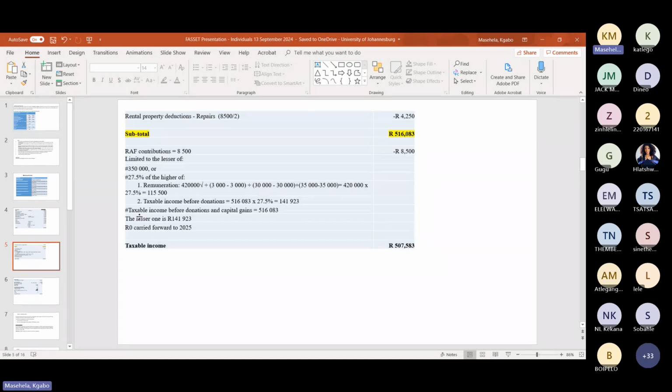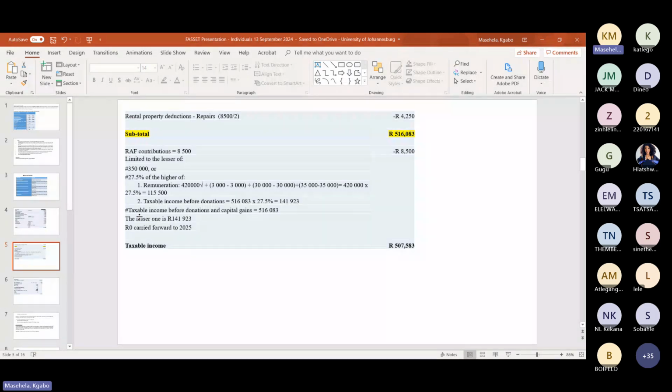The purpose of this, remember, is we want to know which one is the lesser between 8.5, our contribution, and the limitation of 350 or 27.5% of this, which is 115,500.